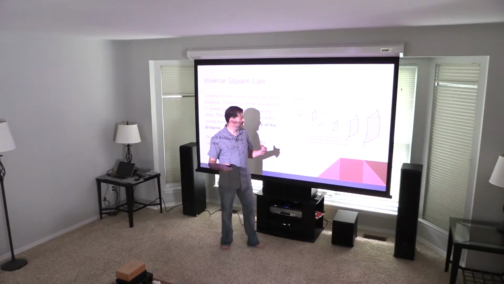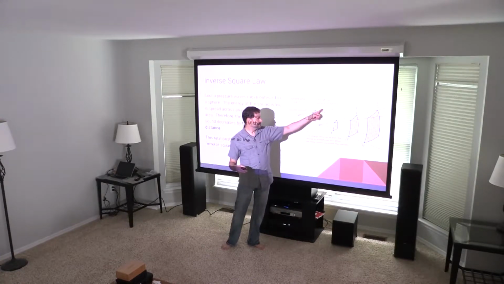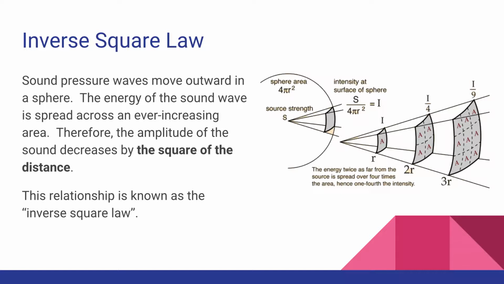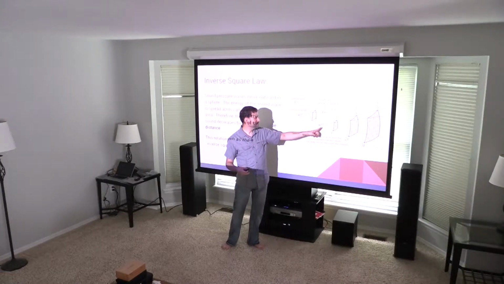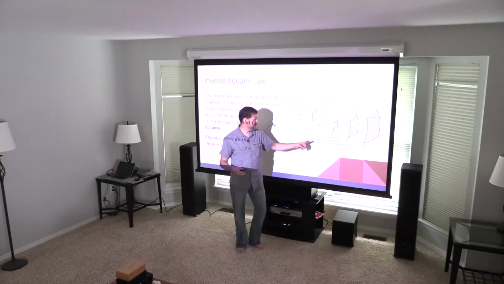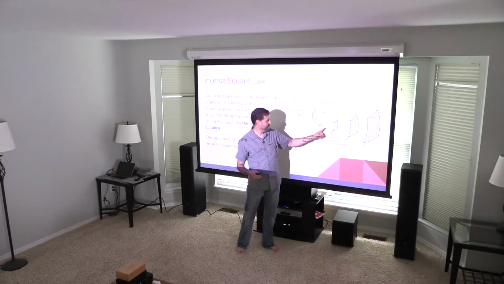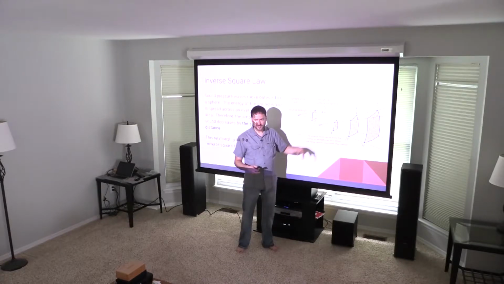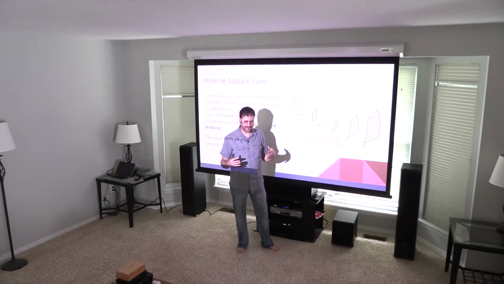So this formula here is more or less the formula for calculating the surface area of a sphere. It works out to show that when you move some amount of distance, they're calling it r, away from the source, you've got a section of that sphere's surface that represents the amount of surface area the sound has been dissipated across.